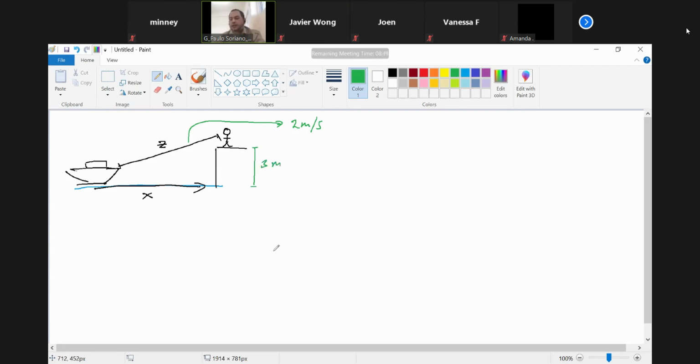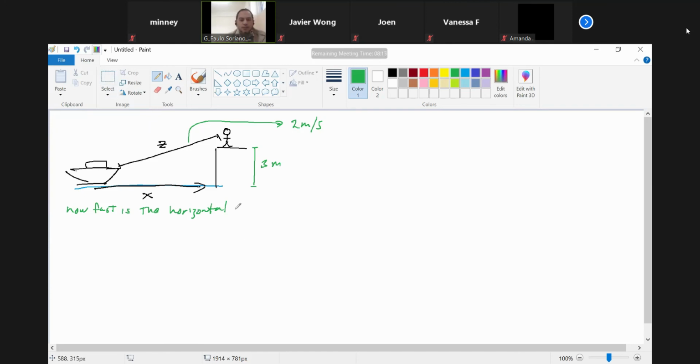3 meters high. That's the height of the pier. Okay.